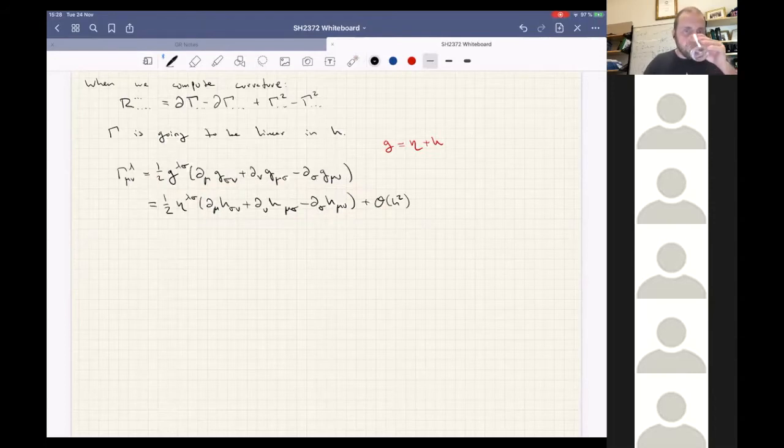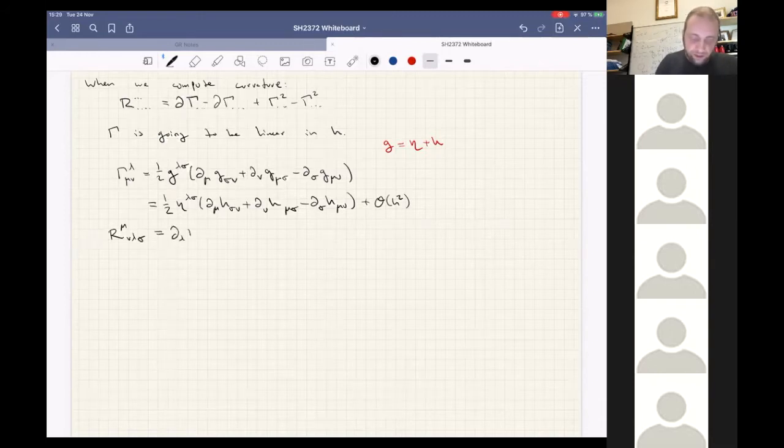I'm not going to go on explicitly, but just remember that when we compute the curvature components, this is going to be equal to those derivatives, as we said.